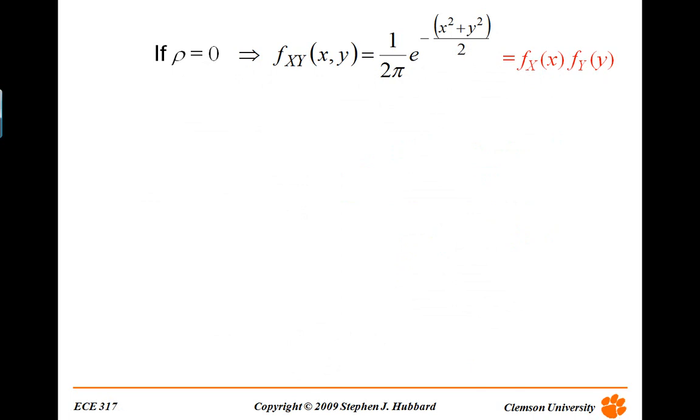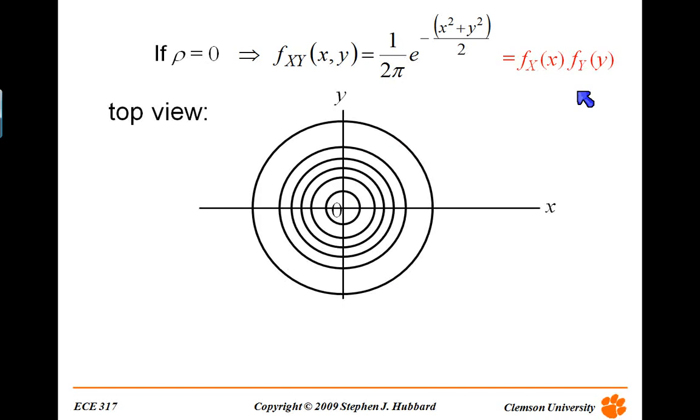Now, in order to help you understand why this is true and what's going on on a slightly different level, let's consider this from a geometrical perspective. Here is a graph, from the top down, of this joint probability density function that I've got right here: 1 over 2 pi e to the minus x squared plus y squared over 2. The equipotential contours of this function are circular.